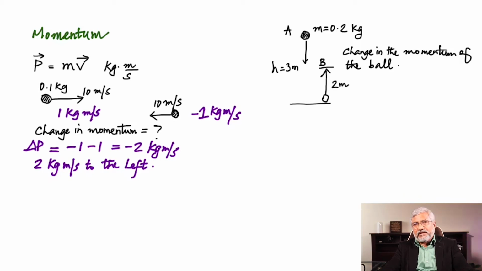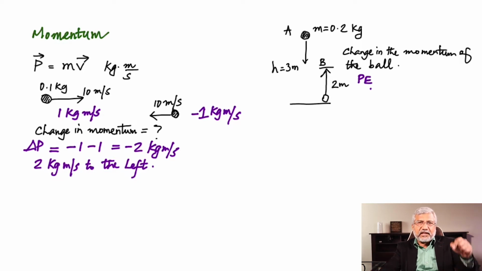Now, using that, you can find the velocity just before it hits the floor. And then, using the same idea, you can find the velocity with which it starts moving up, by using the same idea that the kinetic energy there becomes the potential energy at 2 meters. So that's what you do.